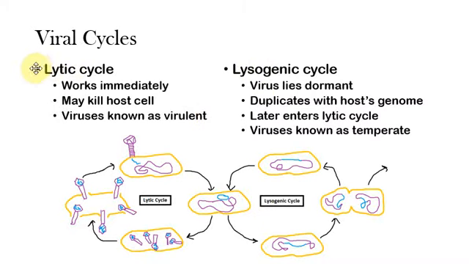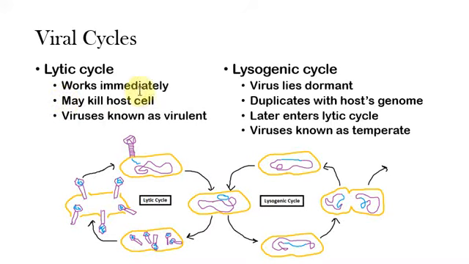First we're going to talk about the lytic cycle. The lytic cycle works immediately. In this example, it's a bacteria being infected by a phage. This phage will insert its genome, its nucleic acids, which will then be used by the bacteria's machinery in order to create more of these phages, of these viruses.